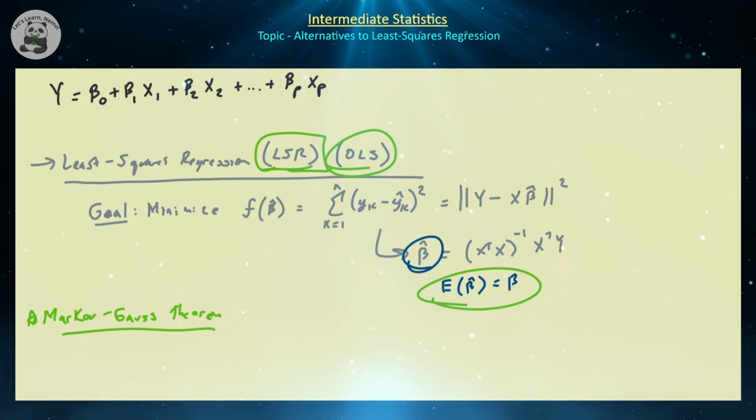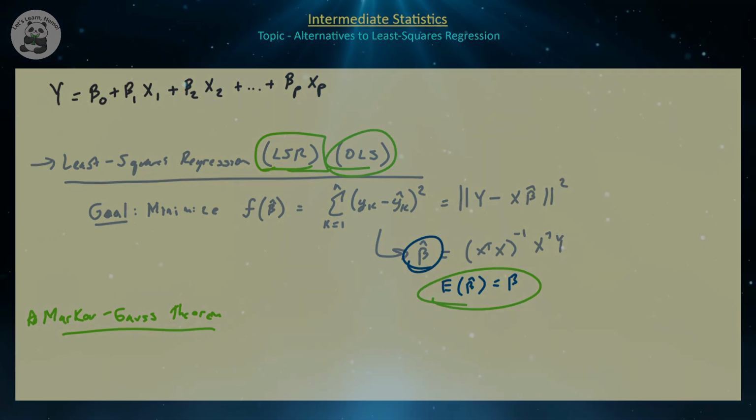But sometimes we're willing to sacrifice a little bit of unbiasedness for a little bit more accuracy if we know a bit more information about our model. And that's why we're going to introduce some alternatives to least squares regression that I think are worth it to at least know about in your research.